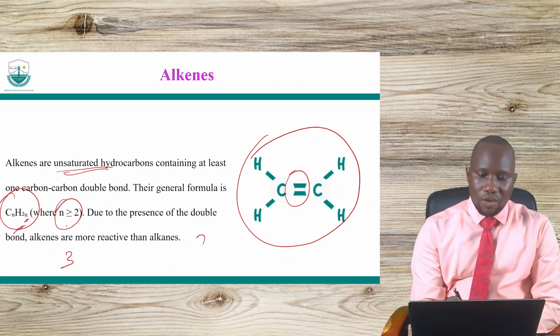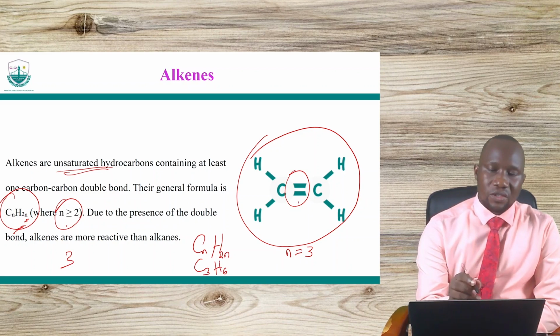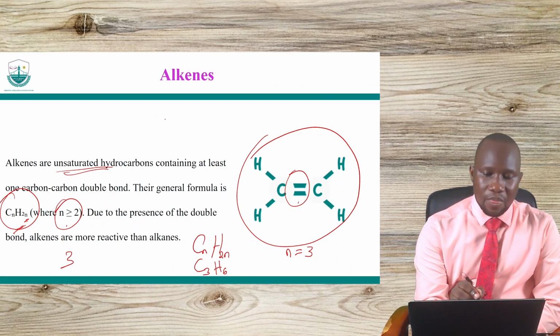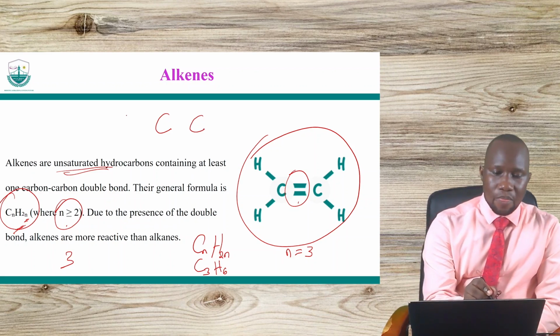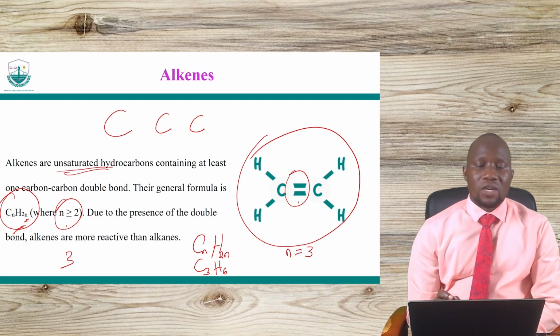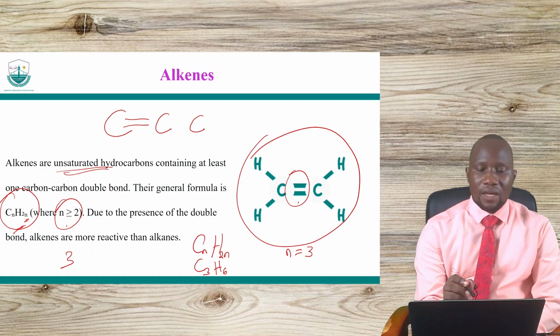With CnH2n, if n is equal to 3, it means that you have C3H6. So what's the structure of this? We can draw that. We can say you have 3 carbon atoms, but out of the 3 carbon atoms, there should be a double bond somewhere, whether here or there.